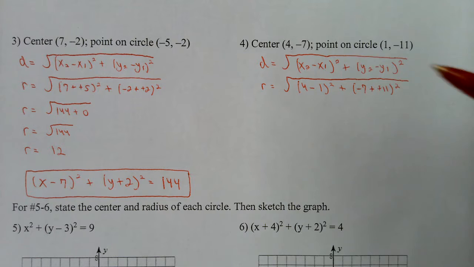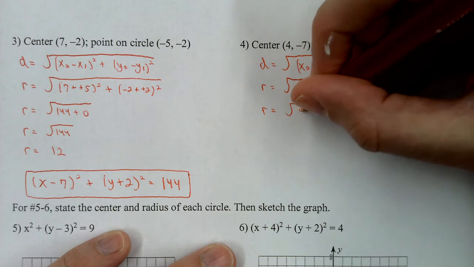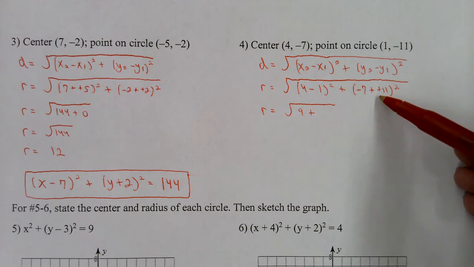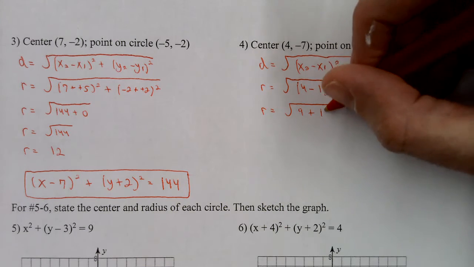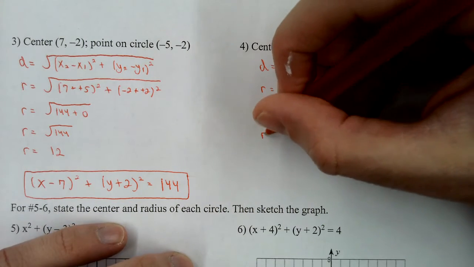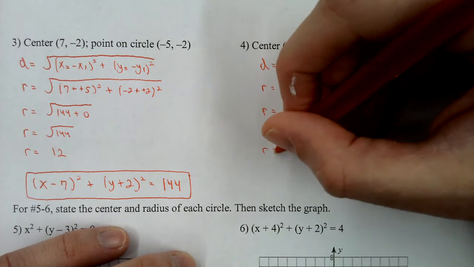So we're going to have 4 minus 1 is 3. 3 squared is 9. Negative 7 plus 11 is 4, and 4 squared is 16. So 9 plus 16 is 25. The radius is the square root of 25, which means the radius equals 5.